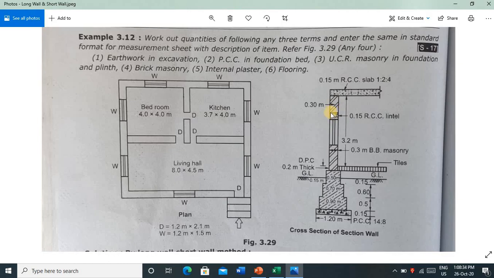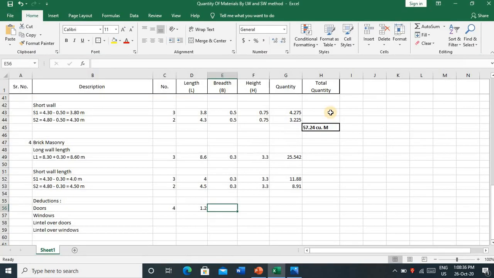So the breadth will be 0.3 and height is 2.10. So the answer is 3.024.